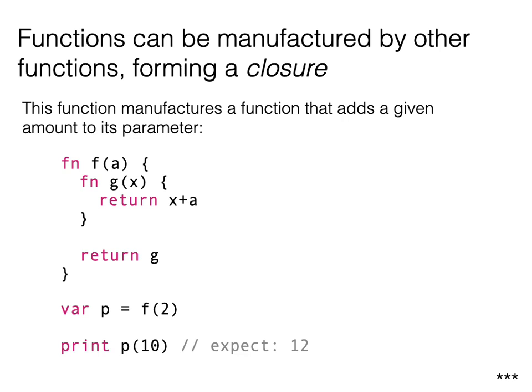So f makes a new function g that will add a, which is defined whenever f is called, to the contents of its parameter. Hence, if we call f with the parameter 2, what that does is it makes a function that will add 2 to whatever it's called. Then we call p, the new function, with the value 10. What we'll get is 12 because that's 10 plus 2.